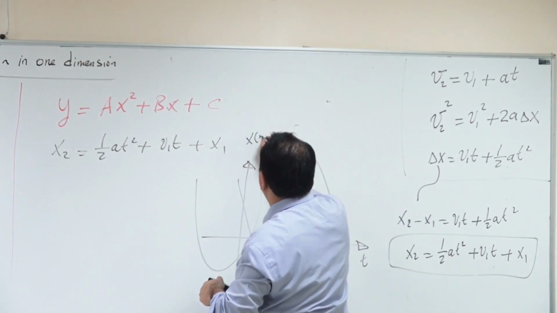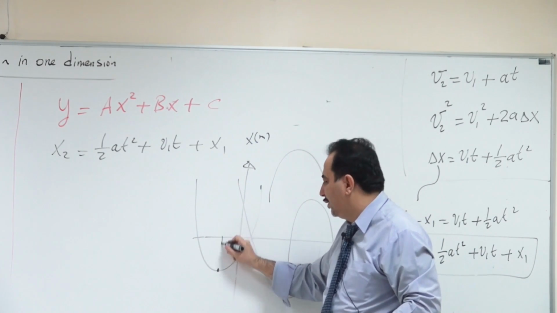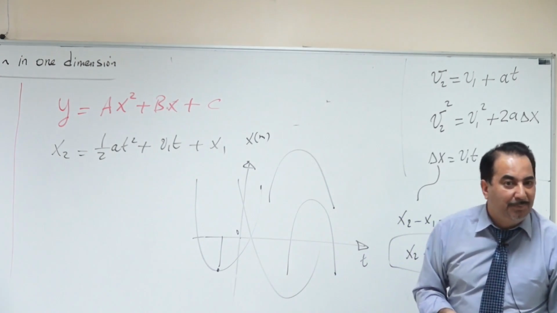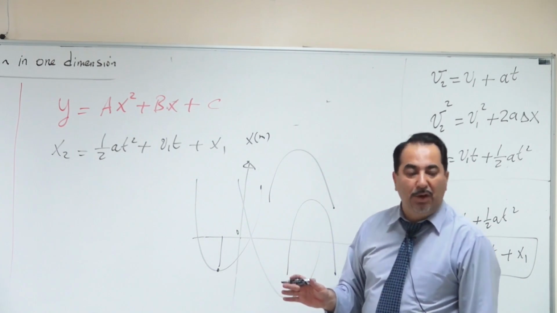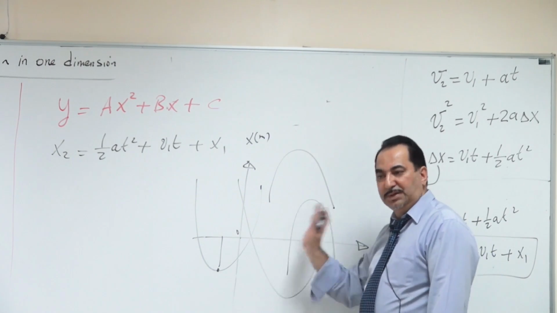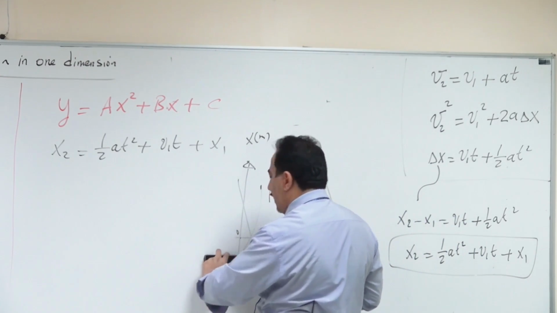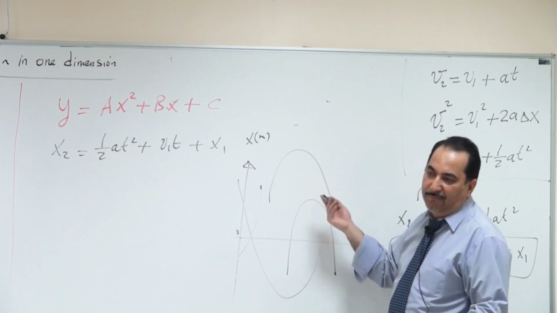If I ask you, what is this point? And what's the time? Negative. Negative time. So in physics, we don't have negative time. So what you'll see always, your graph is always positive. So there's no such thing as seeing a negative part of a parabola. If it's between negative and positive, but if all of the parabola is here, fine.